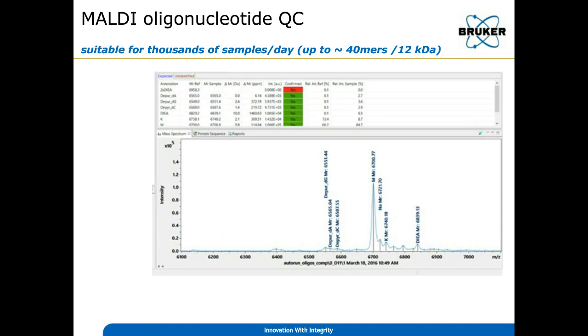The expected table in the results view shows in greater detail the modifications, while in the spectrum in the lower half of the figure, the molecular ion and the modifications as well as different side products that are present are annotated.